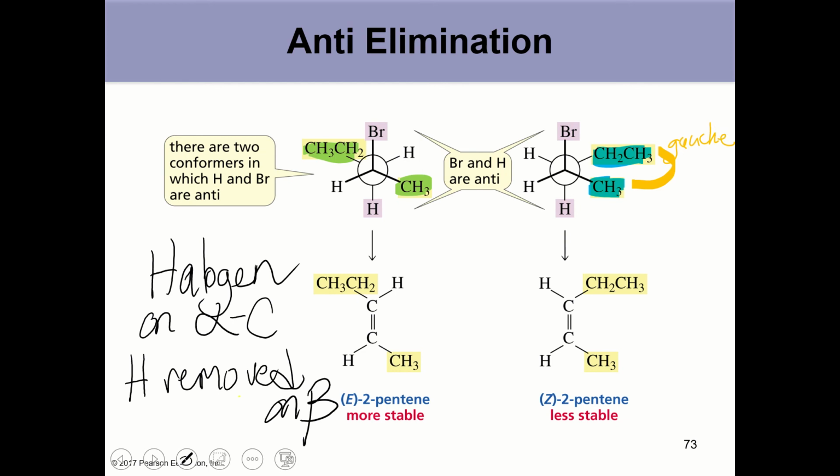Now, the anti-conformation leads to the E alkene, the more stable E alkene, when the two largest groups are anti to each other and the bromine and the hydrogen are anti. But the figure at the right, which is anti bromine and hydrogen but gauche alkyl groups, leads to the Z isomer, and that will be less stable.